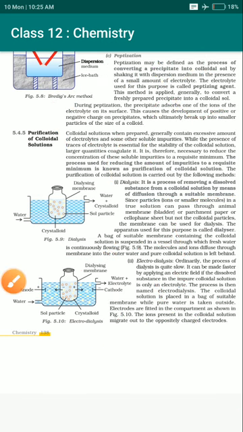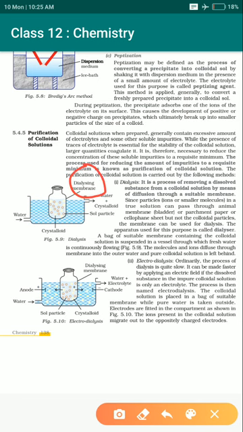What is done: we take a colloidal solution, a solution which we believe has colloids, in a dialyzing membrane, the parchment paper or animal bladder, and we put it completely in water, in a place where water is regularly thrown into it.